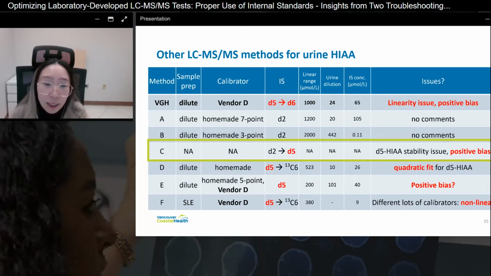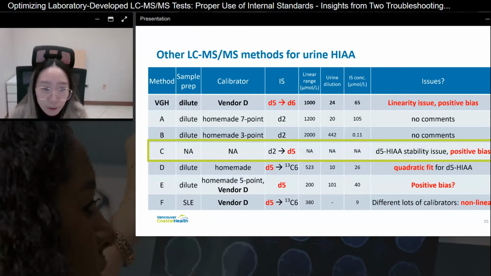Looking back at those methods, for method C, they attributed the positive bias to the stability of the indole ring hydrogen-deuterium exchange. But they did not really explain why the internal standard signal drop would cause a positive bias.